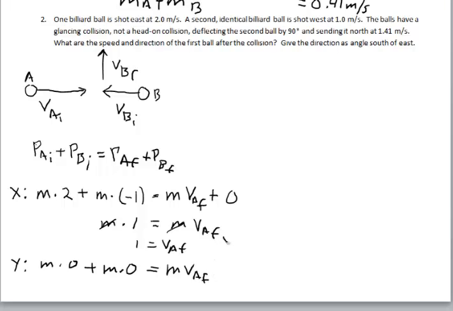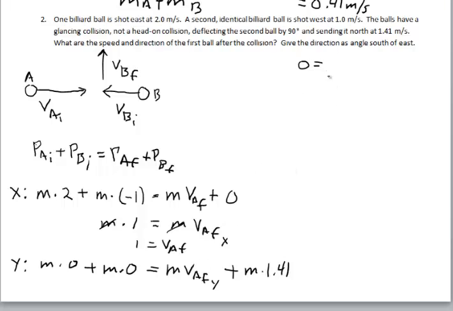By the way, I should put the x component here; this will be the y component. Plus the other one, which goes straight up. We know its mass is the same, it doesn't break apart. So it would be m, times whatever velocity, which is 1.41 going north. So this is all 0: m times 0, m times 0.